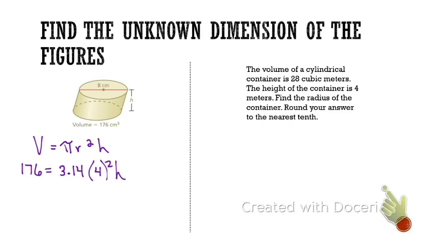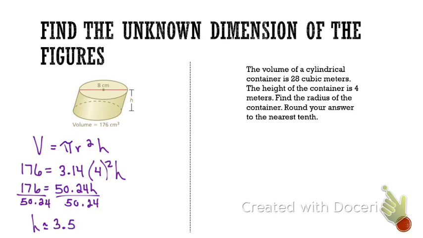So we have 176 equals 50.24 h. And now we divide both sides by 50.24, and we get about 3.5. All right, so the height is approximately 3.5.